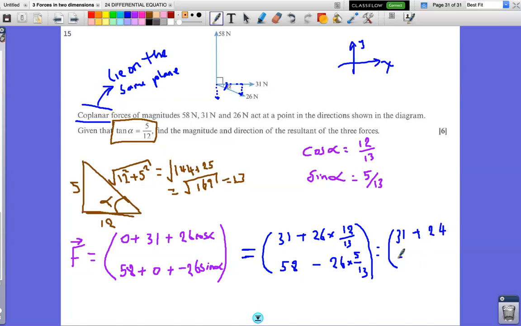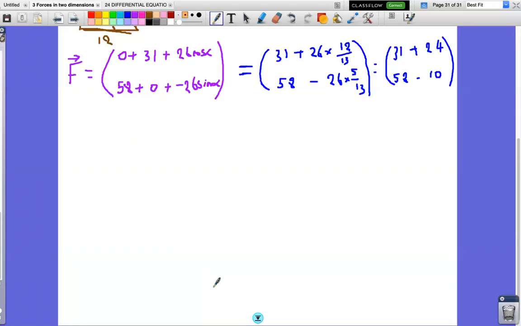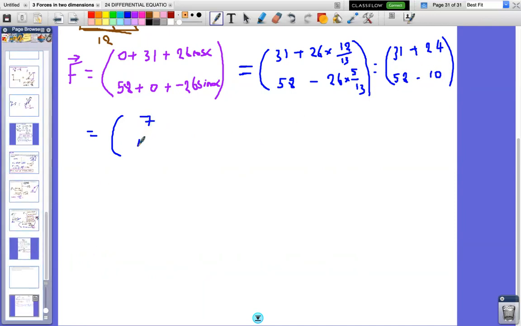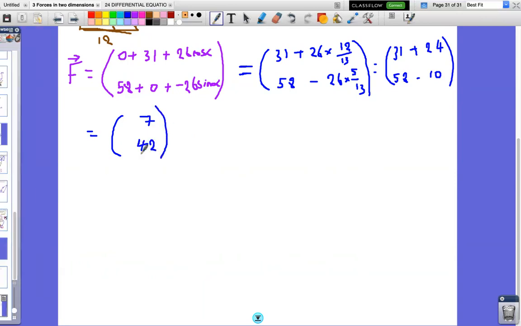And this gives us 58 minus 10, correct? So we get 7 newtons that way and 42 newtons in the y direction.